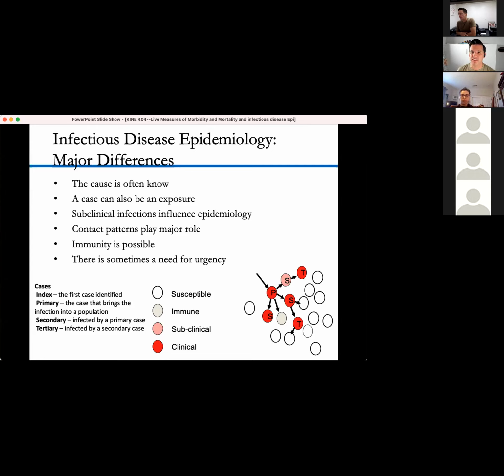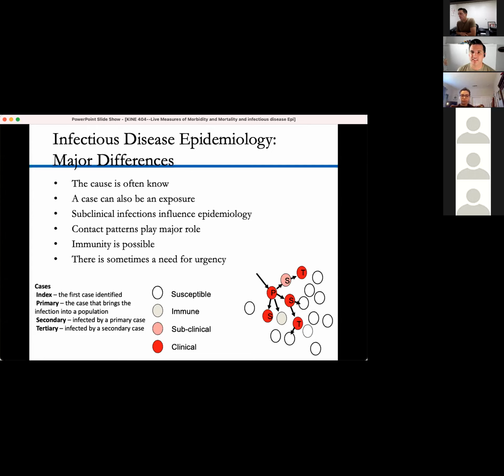Because with many chronic diseases, and this is something we will start talking about next week, for things like diabetes, there is not a singular cause of type 2 diabetes. Rather, with most chronic diseases, we have what we call multi-causative disease models, where for any particular case of type 2 diabetes, one person might have been physically inactive, have a family history of diabetes, been a smoker, and be of older age, whereas another person might have had a poor diet, been of older age, and had another comorbid health condition that's leading to their type 2 diabetes.